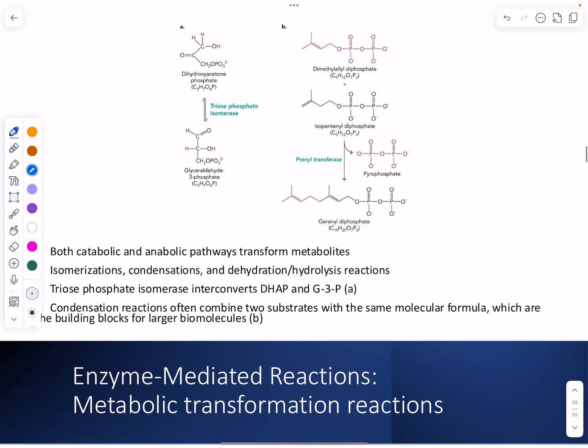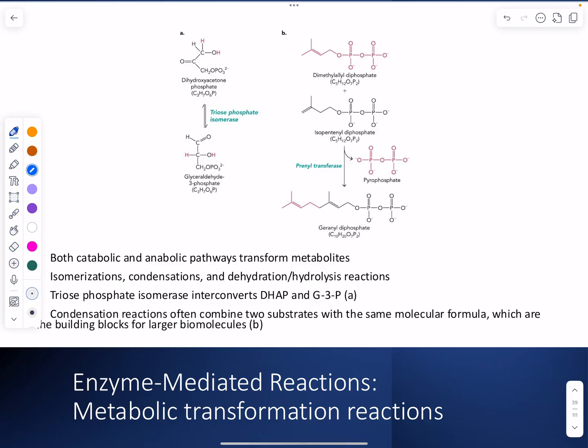All right. So then the next class of reaction we're going to talk about is metabolic transformation reactions. Okay. So these are essential components of anabolic and catabolic pathways. So remember, catabolic is breaking down of molecules, and anabolic is building molecules.